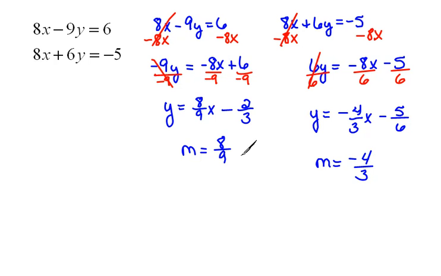In order to be parallel, they'd have to be the same slope. These are not perpendicular either, because in order to be perpendicular, they have to be opposite signs, which they are, but they have to be reciprocals of each other. These are not reciprocals, so these are neither parallel nor perpendicular.